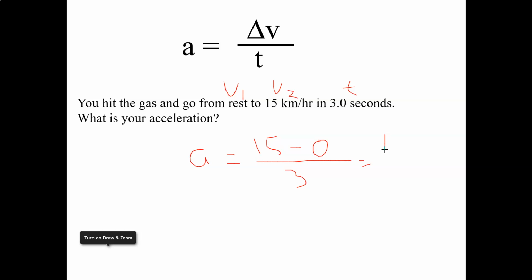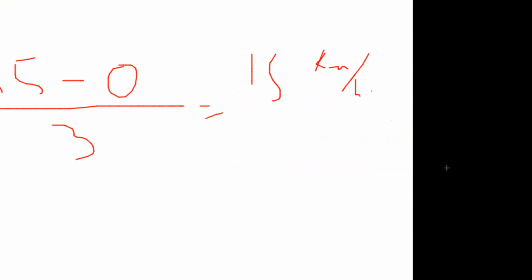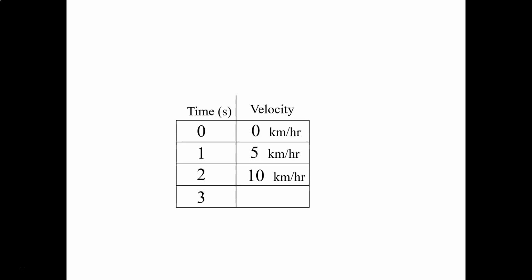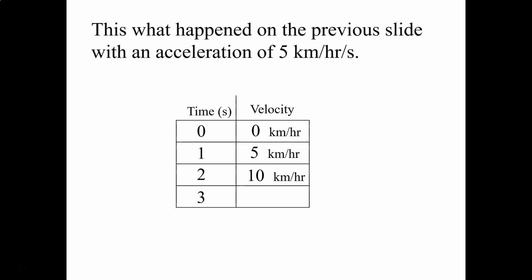So that equals 15 kilometers per hour divided by 3 seconds, and I'm going to get 5. And the unit on this is going to be kilometers per hour per second. And that's what the acceleration in this case is going to be measured in. And what that means is that my velocity changes by 5 kilometers per hour per second.